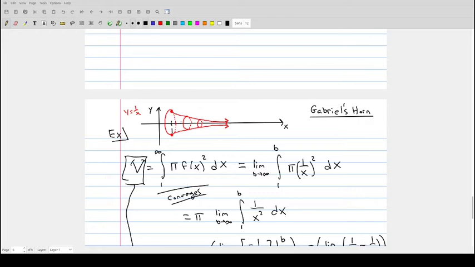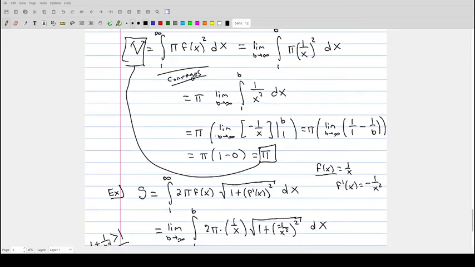So the fact that it has infinite surface area is not necessarily surprising, but it does have finite volume because the function is decreasing fast enough as x gets larger and larger to make the volume integral converge.